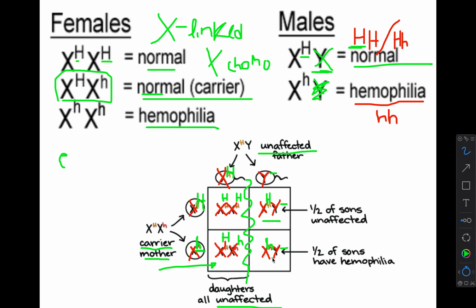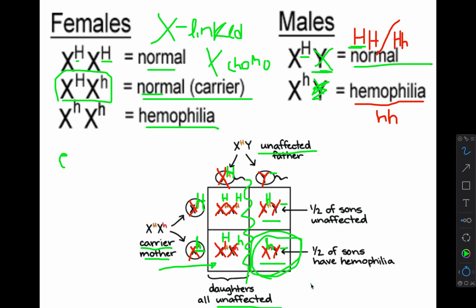But this male with the lowercase recessive h will be hemophilic, have hemophilia, right? So there's the potential, if they have a daughter, that daughter will not have hemophilia. But if they have a son, that son could have hemophilia, 50% chance.